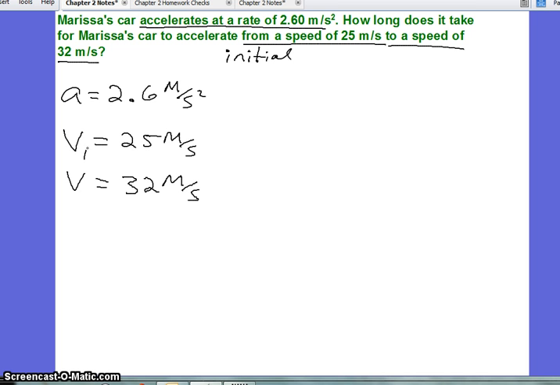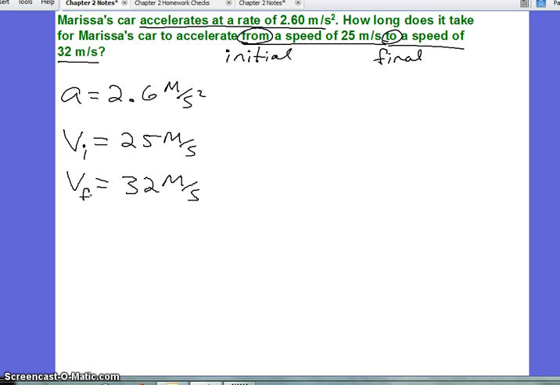So we'll designate that it's the initial using an I, V_i. It also says it goes to a speed of 32 meters per second. So the word to lets us know that that is the final. And we'll designate that as an F for a subscript as our final speed.